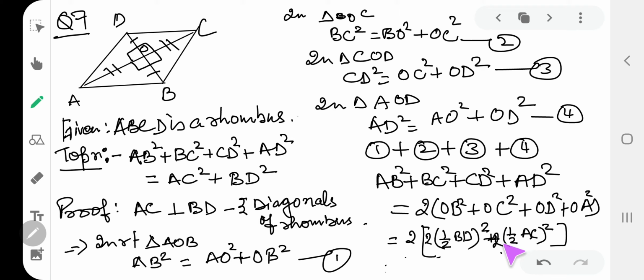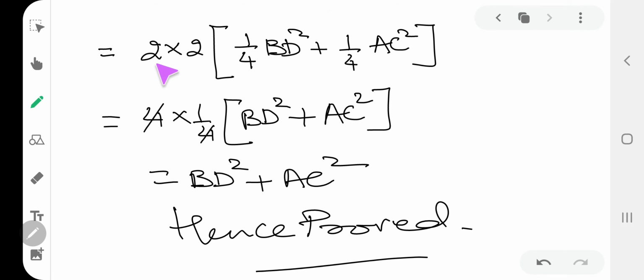Now these 2's can be taken outside, and therefore I will have 2 times 2, and inside if I open the bracket 1 by 2 will become 1 by 4 BD square plus 1 by 4 AC square. This will get multiply and give you 4, and this 1 by 4 can be taken out, and therefore 4 and 4 will get cancelled, and you will get BD square plus AC square.